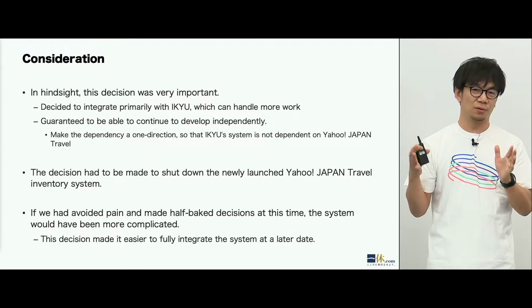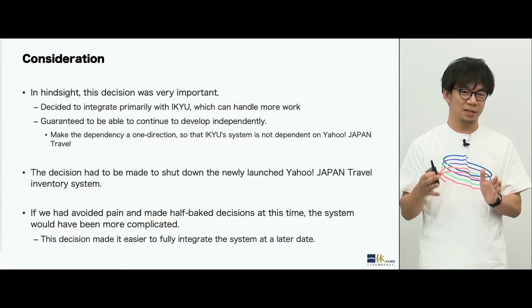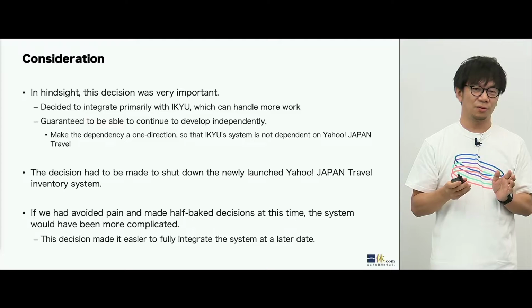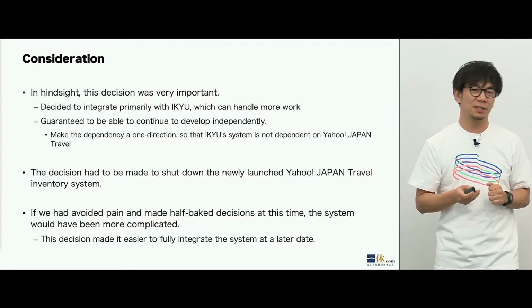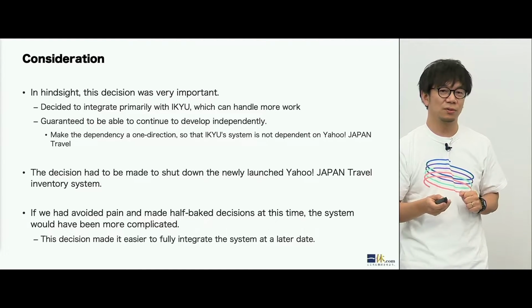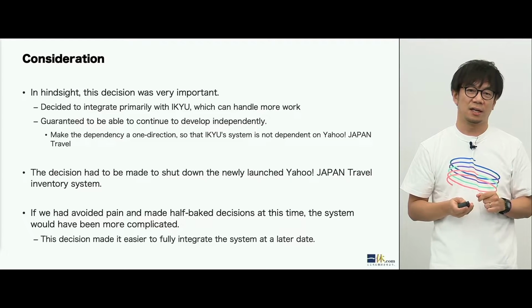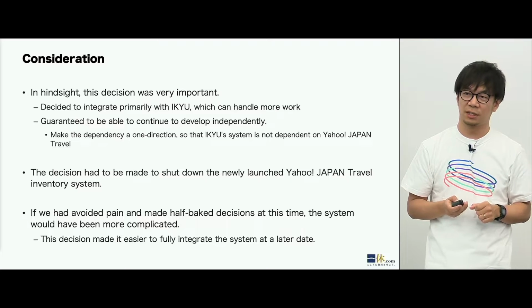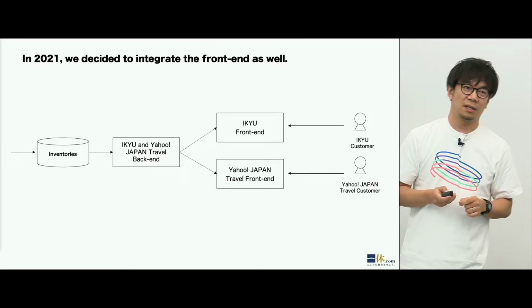And because of that, for the total integration, including inventory, the integration became very smooth. If we had made a different decision, last year's integration could not have happened, or it could have been very difficult.